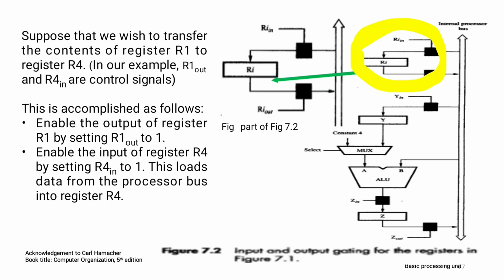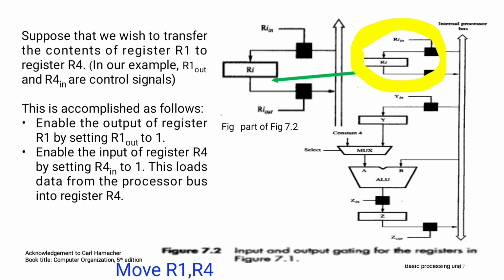Suppose that we wish to transfer the contents of register R1 to register R4. That is, the instruction is move R1, R4. The content of register R1 is copied to R4. Then what control signals are to be used? The content of R1 is to be copied to R4, so R1 has to give out the data.